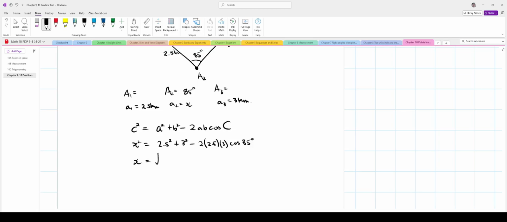And on square rooting both sides, and that's approximately going to be, using the calculator, approximately 3.73 kilometers.